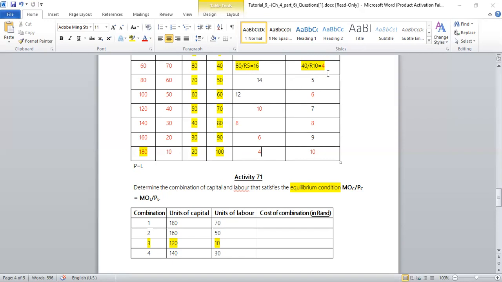So here we have 4. It appears here and here. So here they want to put the unit of capital on that particular combination. So 4 here, they have 180 units of capital, and these 4, they have 70 units of labor.